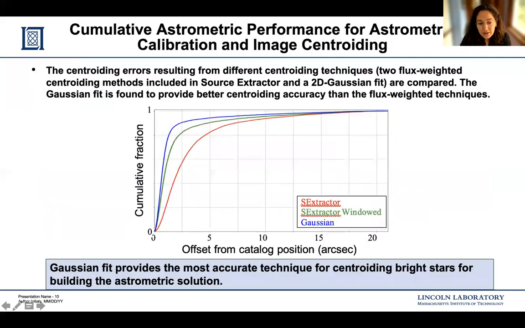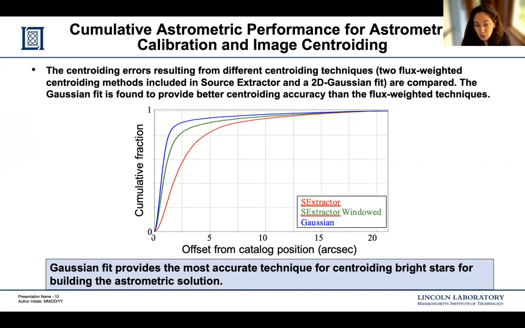Now, we put together our centroid measurement with our astrometric solution, and we can compare our measured positions to catalog positions. We're doing this test using bright stars and using the same method to measure the centroid as we use for our reference stars when doing our astrometric solution. We can compare the residuals for each of the different methods.